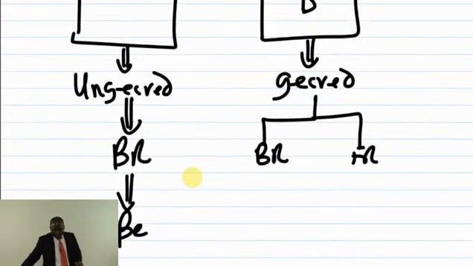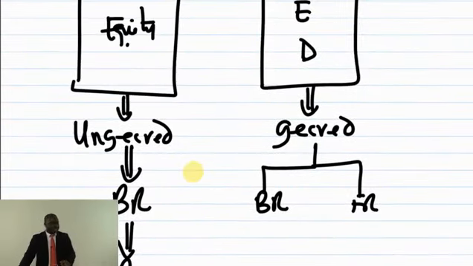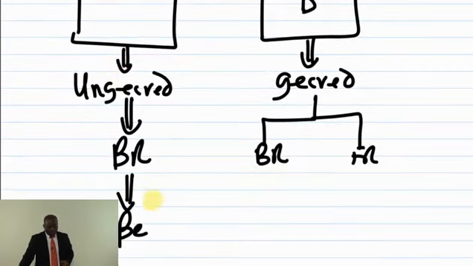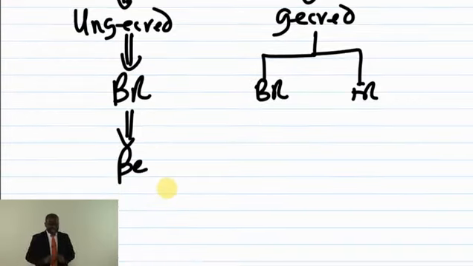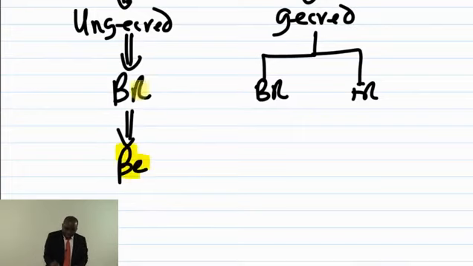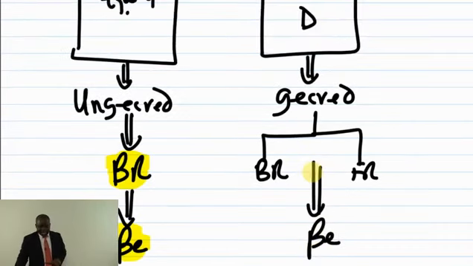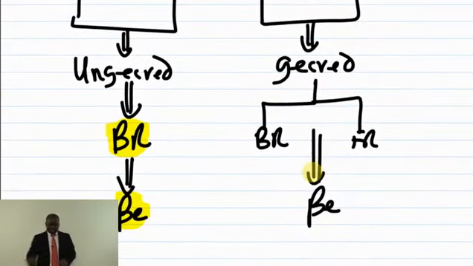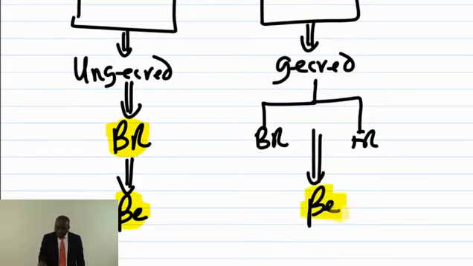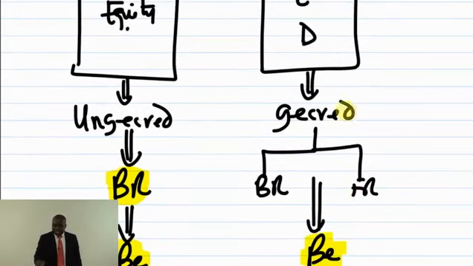Okay, so now ungeared. When your company is ungeared, you will face only business risk. So when I give you the beta of that company, it means that company is having only business risk. Its beta will measure its only business risk. Now, when I give you the equity beta of a geared company, because the company is having debt and is geared, it is having business and then what?